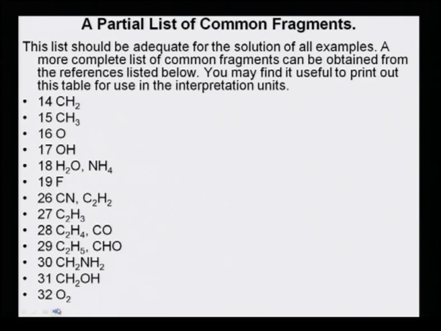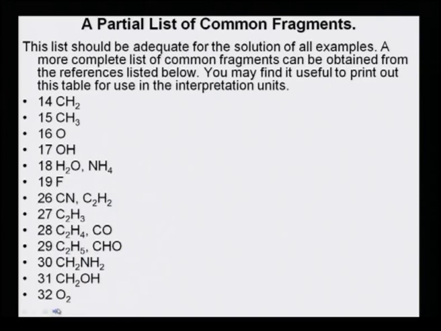Now, I would just like to draw your attention towards some common fragments, and this is of course a very partial list of some common fragments, which means that if you see an ion peak at 14, 15, 16, 17, 18, 19 and so on, these are the molecular parts or atoms that you should expect to be present in the structural detailing of a compound.